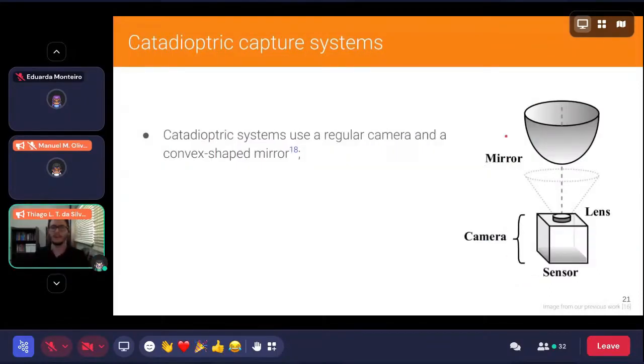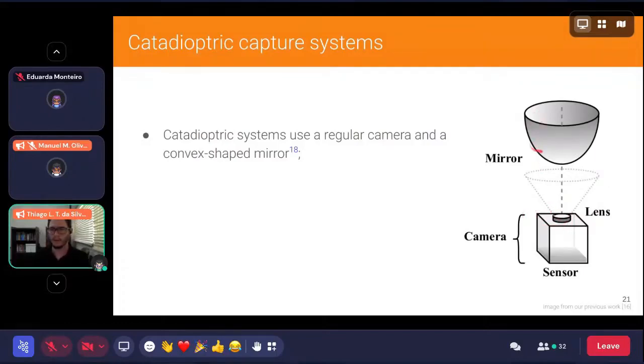The first capturing system that we discuss here is the catadioptric system. We have a regular camera here, so a regular sensor, and also a not very special lens.